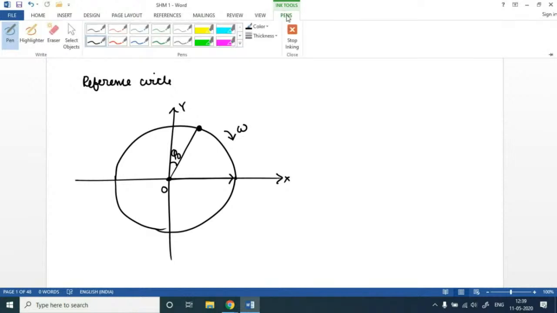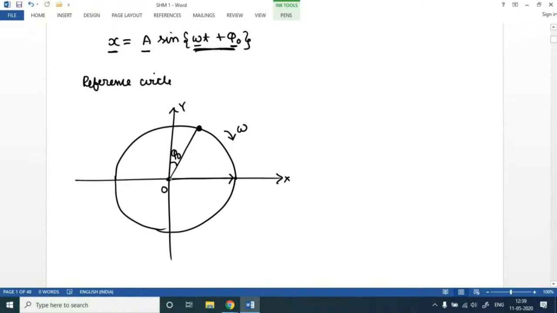After time t, where will it reach? It will reach somewhere over here. The angular displacement it covers would be ωt. So the particle will reach here. Where will its projection lie on the x-axis? It would be somewhere here. This is the projection on the x-axis of the particle moving on the reference circle. What would that quantity be?